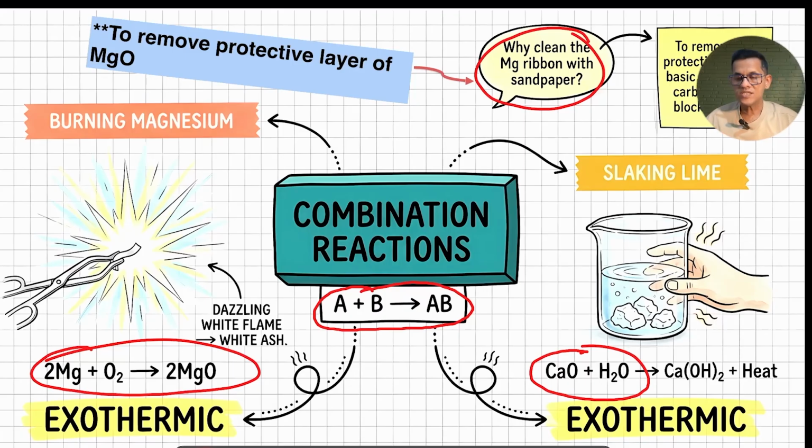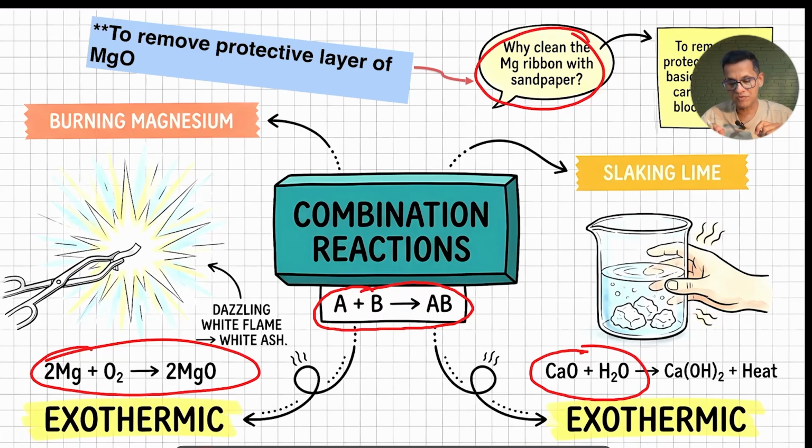What happens is magnesium reacts with whatever is in the surroundings. For example, there is oxygen in the atmosphere, and there is carbon dioxide. So magnesium can react with oxygen, and it can react with carbon dioxide, and form a protective layer on its surface. So before burning, we have to clean the magnesium ribbon.